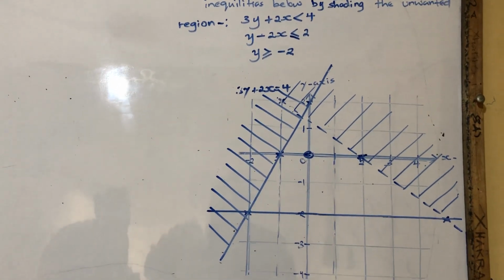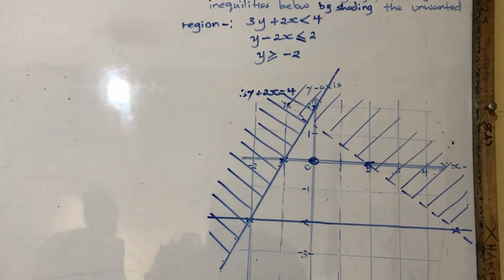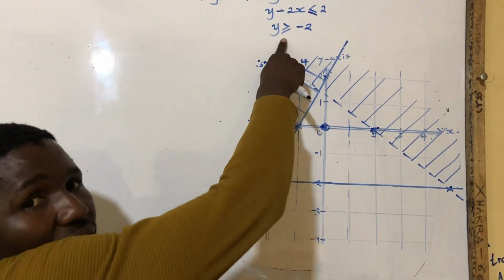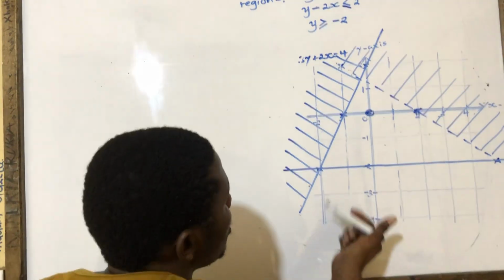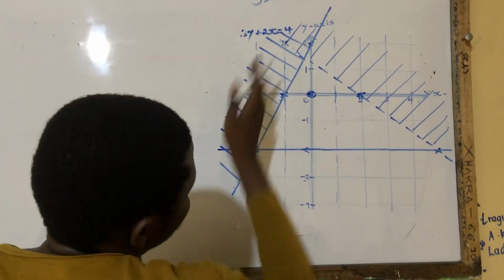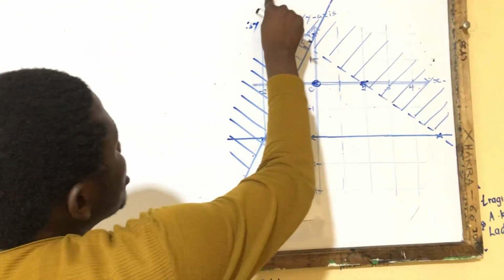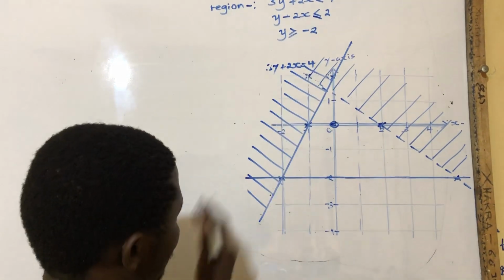We will then ask ourselves, which region would you say is greater than negative 2? Is it the region above the line or the region below the line? The region which is greater than negative 2 should be the region above the line.